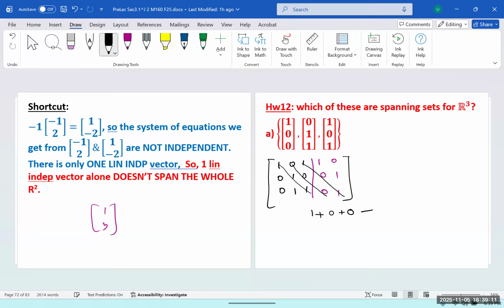And we are subtracting: the first left diagonal is 0, the second left diagonal is 0, the third left diagonal is 0. So everything is 0 except the 1. So we found our determinant is not 0. What does that mean? Are they independent or not independent?